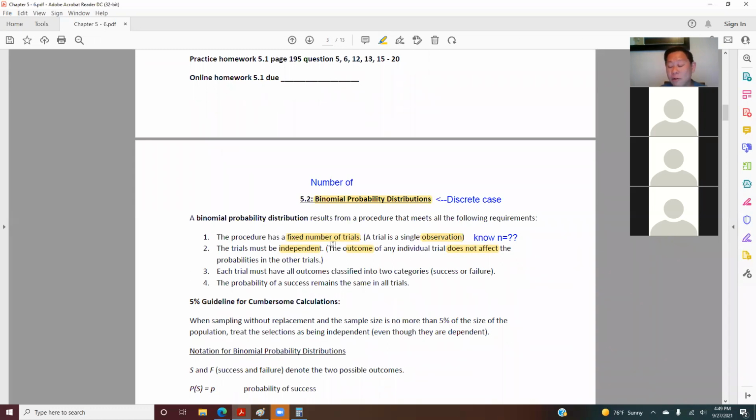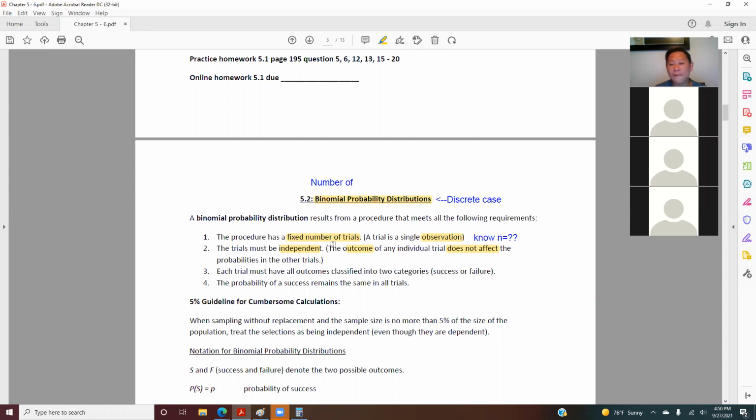The sex of the second child, male or female, does not depend on your first kid. The second kid is completely independent, so it can be male or female. And if you have a third kid, your third kid doesn't depend on your first 2 kids. That means the chances are the same, 50-50.